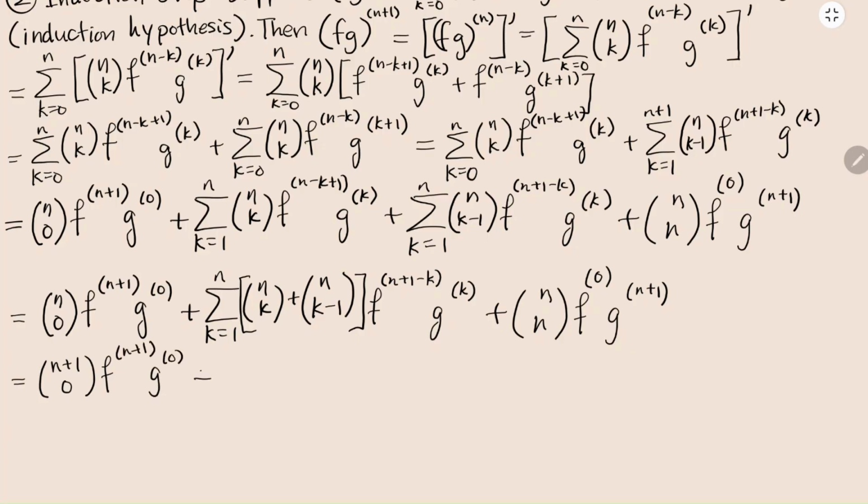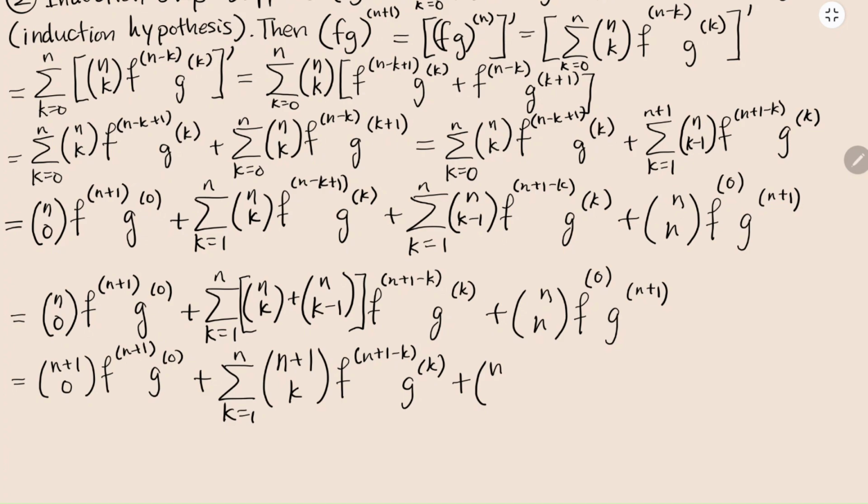And then for this part right over here, I'm going to use Pascal's rule, and this will become n plus 1 choose k. And then right over here, this will be n plus 1 choose n plus 1. Okay, it's still going to equal 1.